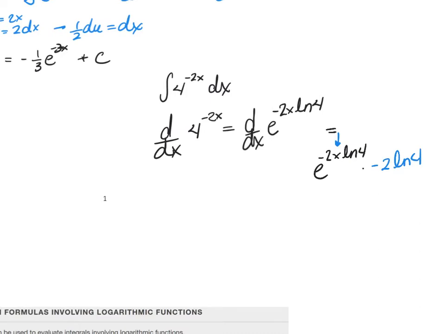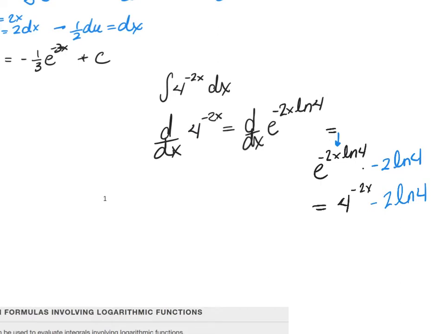Now, this is the same thing as 4 raised to the negative 2x, I'm just replacing that back, times negative 2 times the natural log of 4. Now notice I have a negative 2 there.